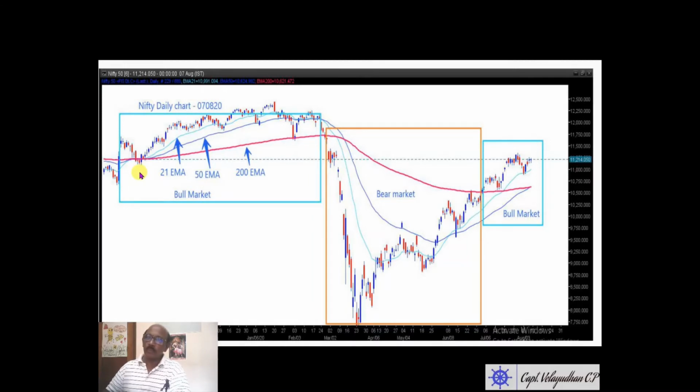Some examples of the moving average. This is 21-day moving average. This line is 50-day moving average and this line is 200-day moving average. You can see that we get an entry here for the 21-day moving average for a shorter period of about 1 month. The market moved up all the way here and here it broke below 21-day moving average and hence we book profit here.